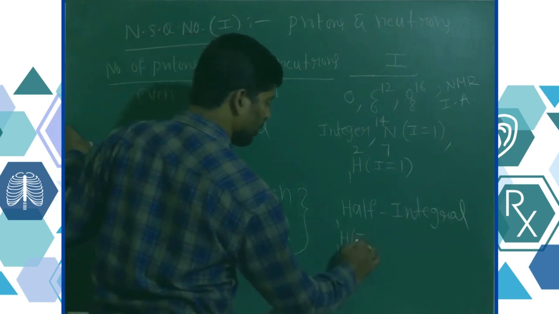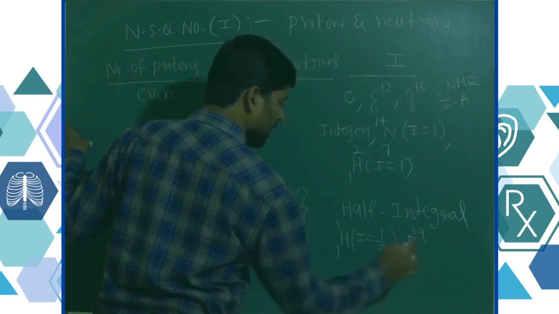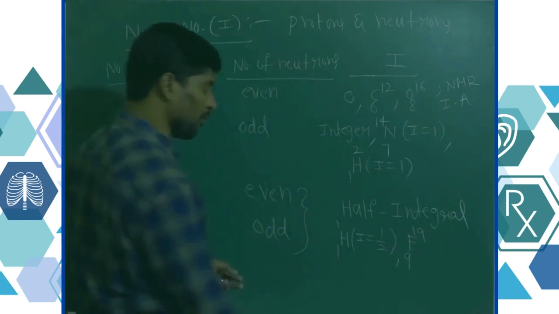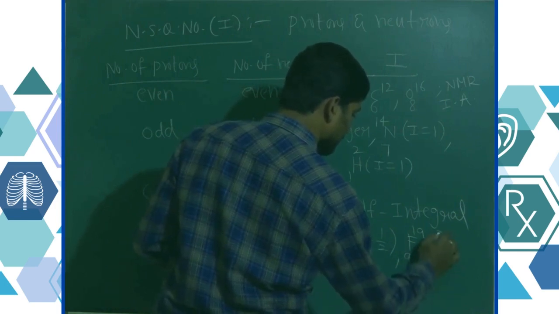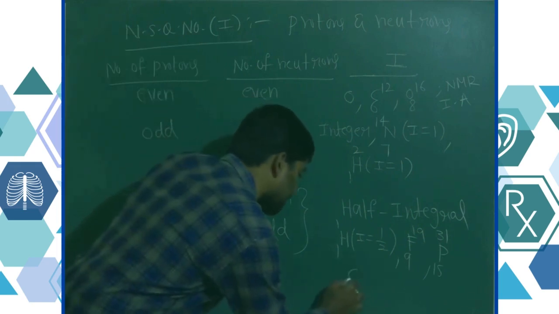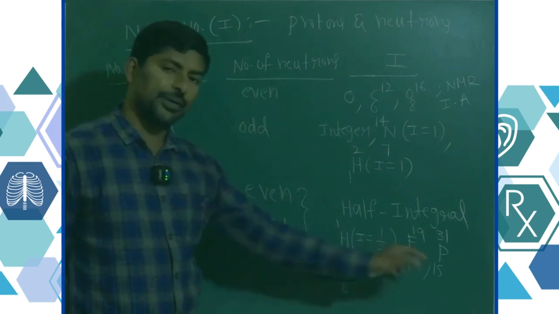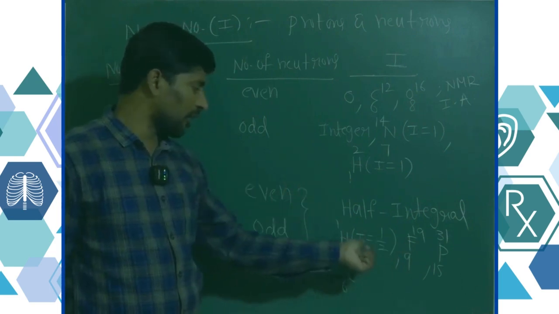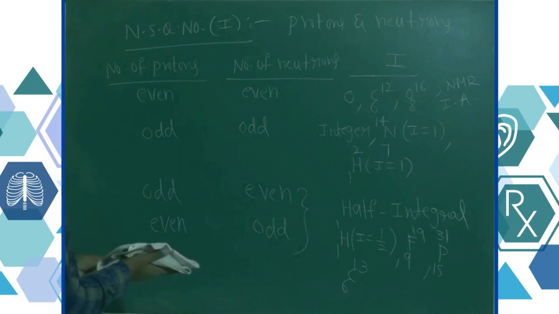Its I value is 1 by 2. F 9 19, we have F 19 NMR spectroscopy also, its I value is also 1 by 2. Phosphorus 15 31, P 31 NMR spectroscopy, we have. C 6 13 NMR spectroscopy we have. In all these cases, we have a combination of odd and even numbers of protons and neutrons. For all these, the I value is 1 by 2.